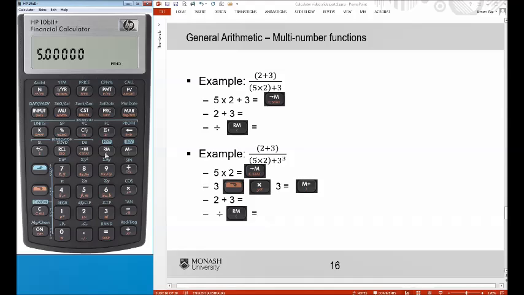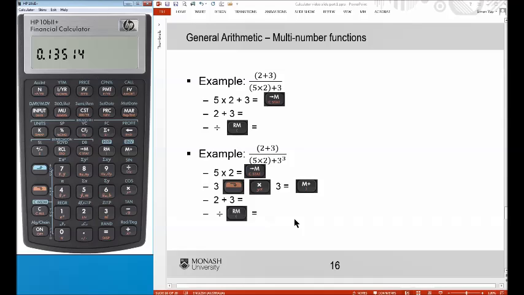So we press RM and it will bring up the previously stored figure. Then equal gives us the final answer. The answer for this example is 0.13514.